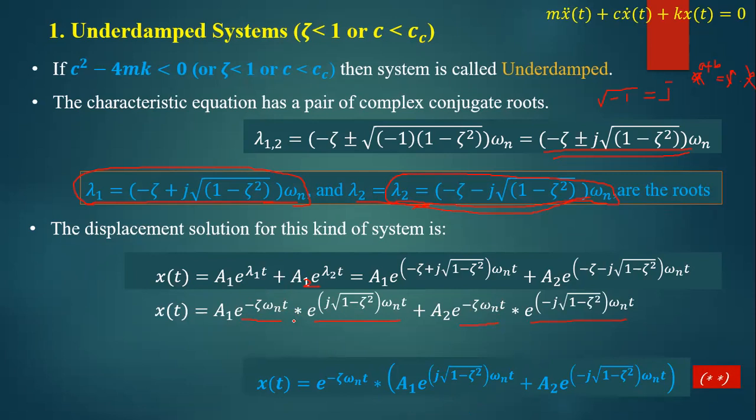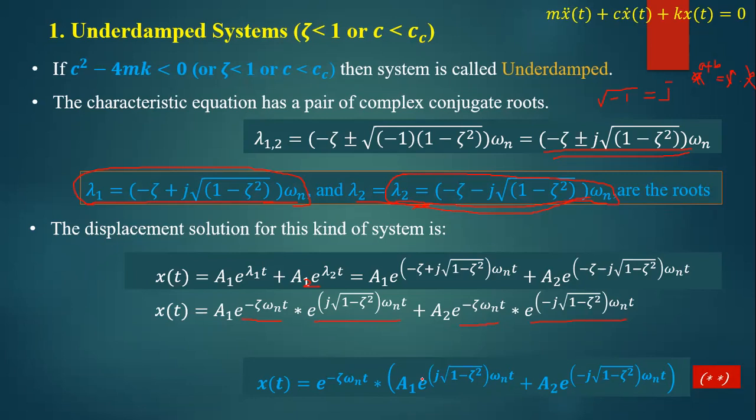Let's take this e to the power of minus zeta omega n t out. So it becomes e to the power of minus zeta omega n t, the whole times a1 e to the power of j radical 1 minus zeta square omega n t plus a2 e to the power of minus j radical 1 minus zeta square omega n t.